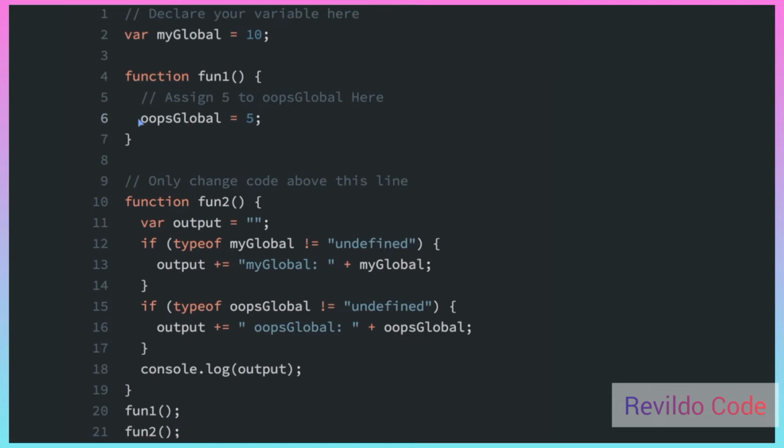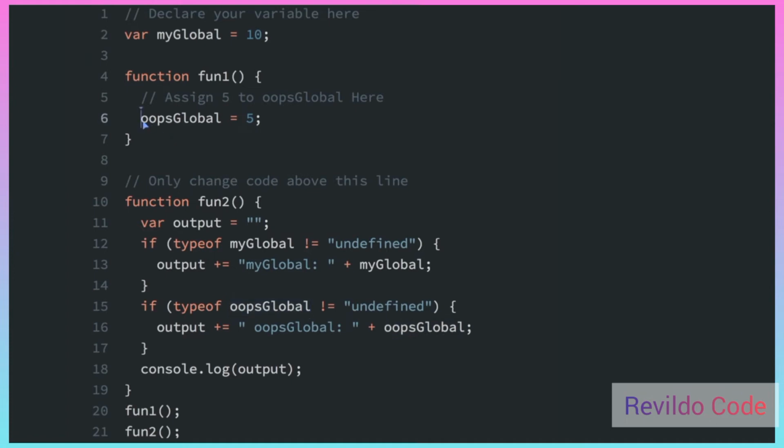So you can see here that there is no var keyword. So normally, if you do use a var keyword, since this is within a function, it will be scoped to that function. If we had the var keyword here, this would be scoped to this function, so you would not be able to see it in this function.